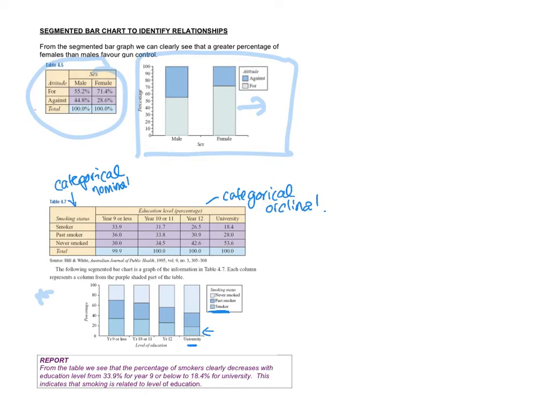So you could use that, and we had an example here. From the table we see the percentage of smokers clearly decreased with education level, so we went and used these stats, and we went from 33.9% for year 9 or below to 18.4% for university. I think you probably should quote all of them just to be safe.